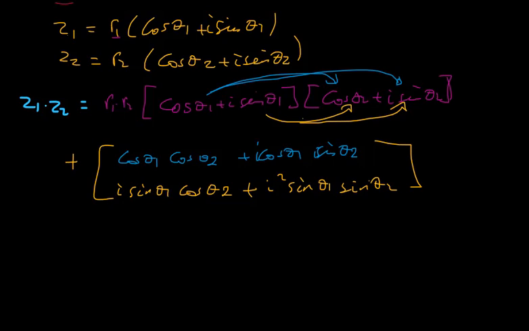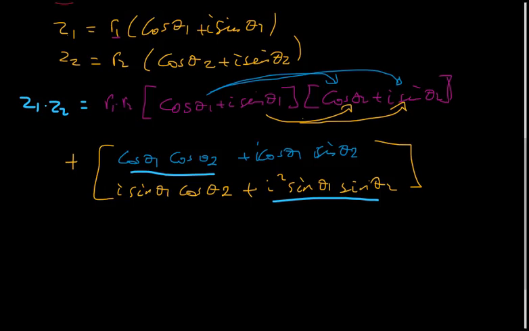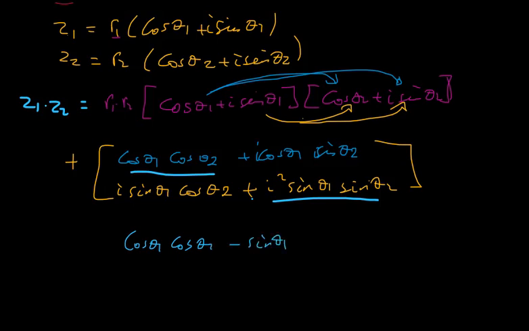Now let's combine. These two are similar because the square of i, or i squared, is the same as -1, so that changes this addition to subtraction. So this is the same as cosine theta 1 cosine theta 2 minus sine theta 1 sine theta 2.